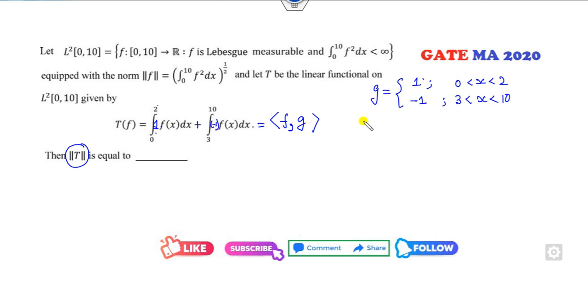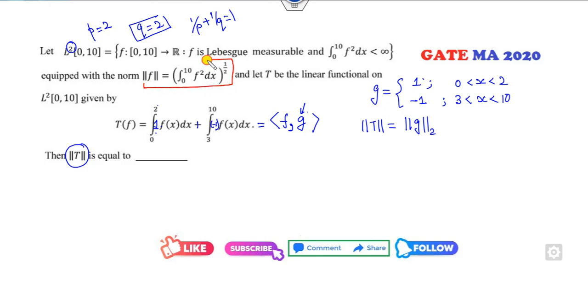So what is the norm of t? It is the norm of g by the Riesz representation theorem. So again it is on p, P is 2, so q is also 2 by using 1 over p plus 1 over q, so it is defined on L2, and in this case the norm is defined like here.